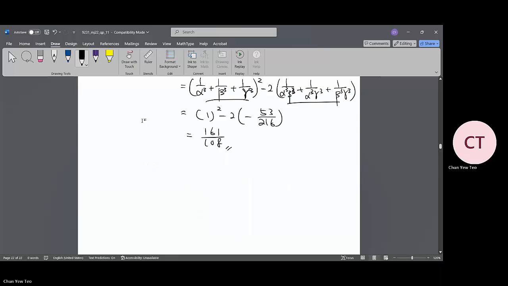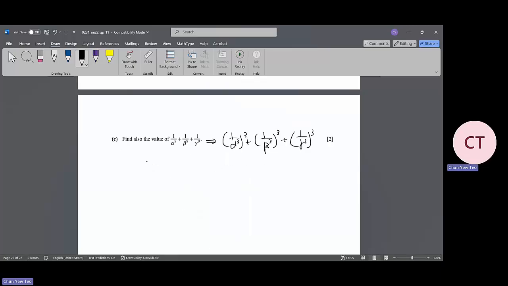We will have y cube from A: y cube is equal to y square plus 53 over 216 y plus 8 over 216. 8 over 216, we can simplify to become 1 over 27.